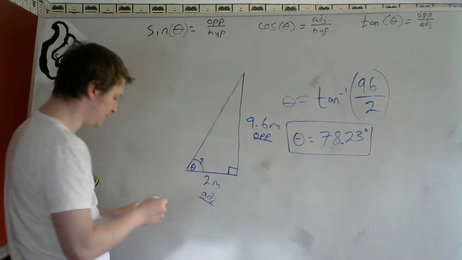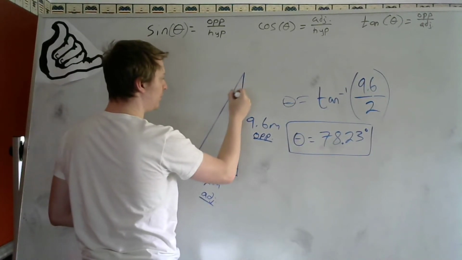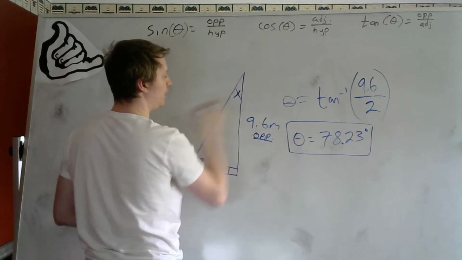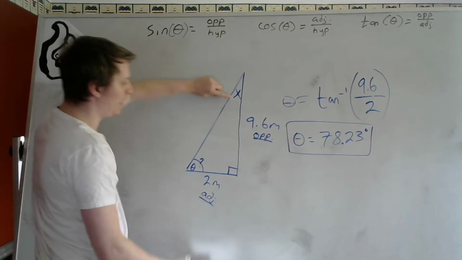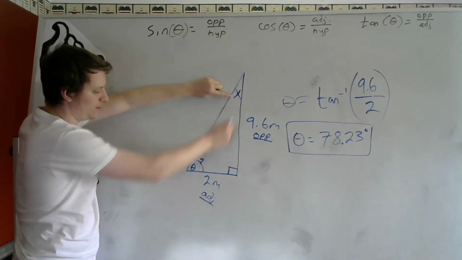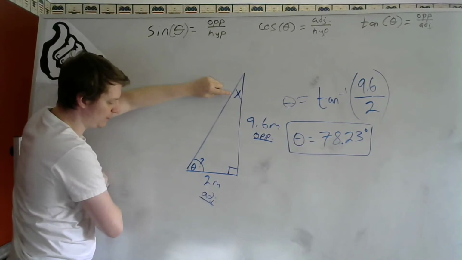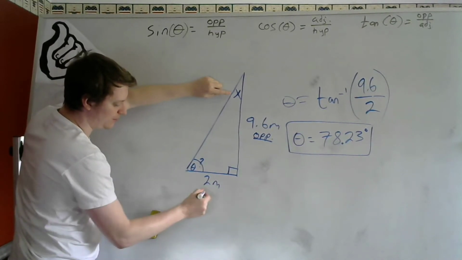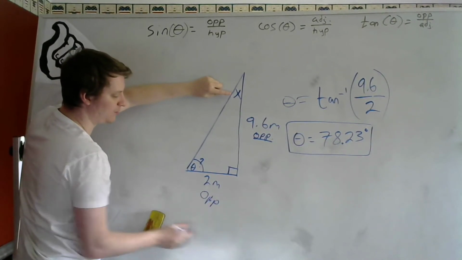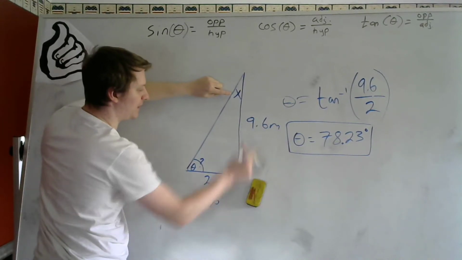So let's move to this angle up here. We'll call this one maybe x. Why not? For angle x, opposite is the 2 meters. So I'm going to get rid of this adjacent label now. This is my opposite now for this angle up top, and this one is my adjacent.